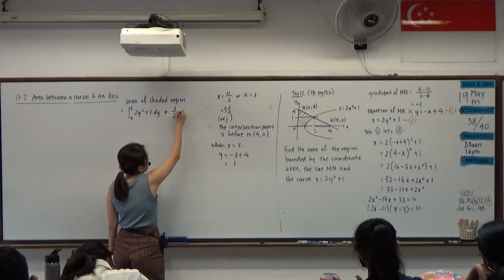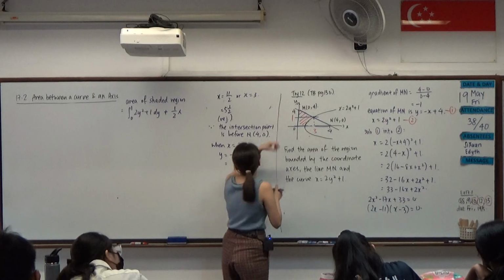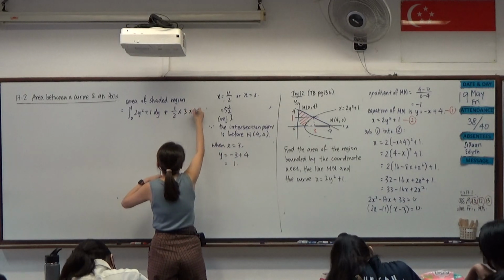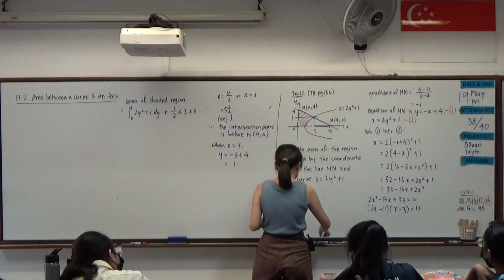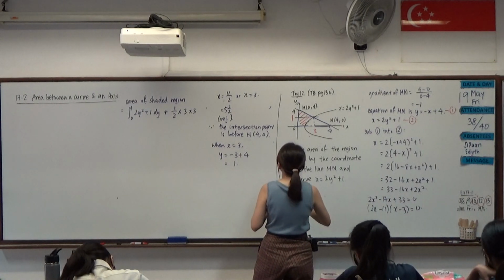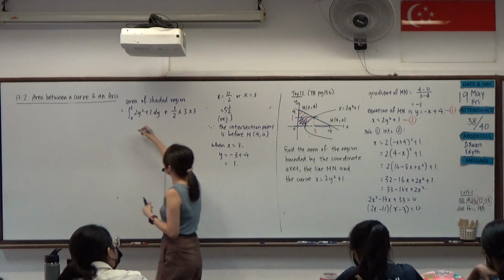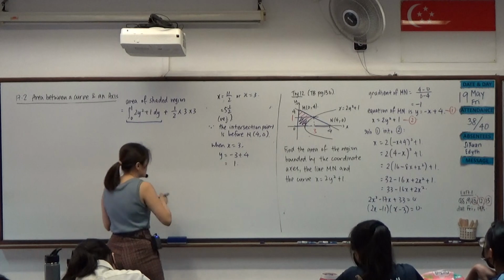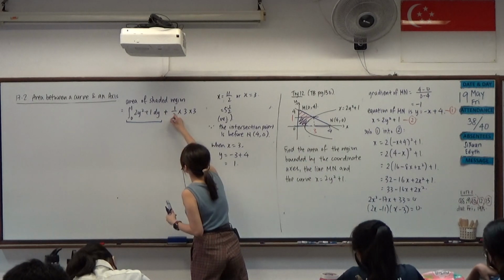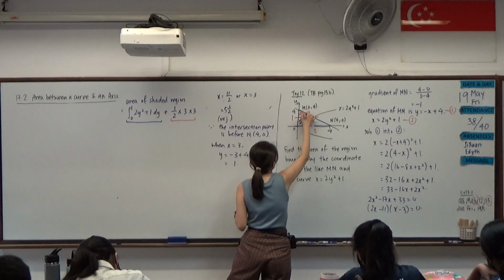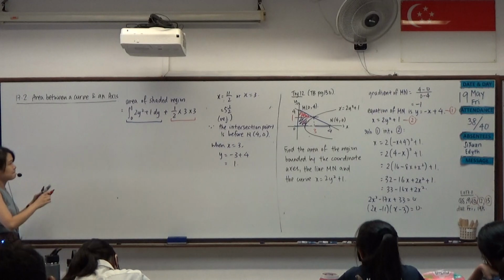That will be half times base, which is 3 units, height is also 3 units. So the blue part and the red part.